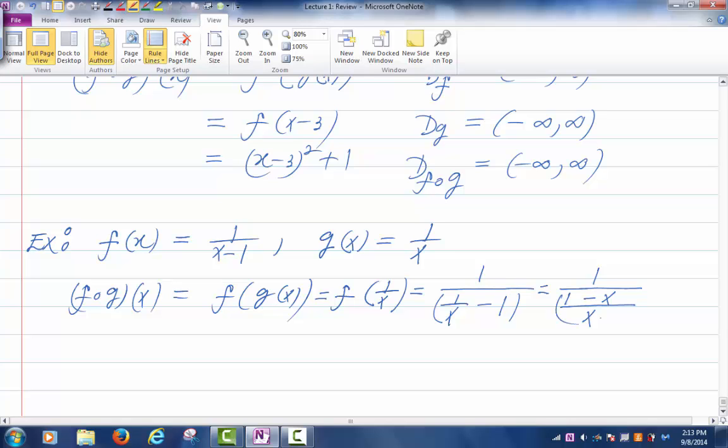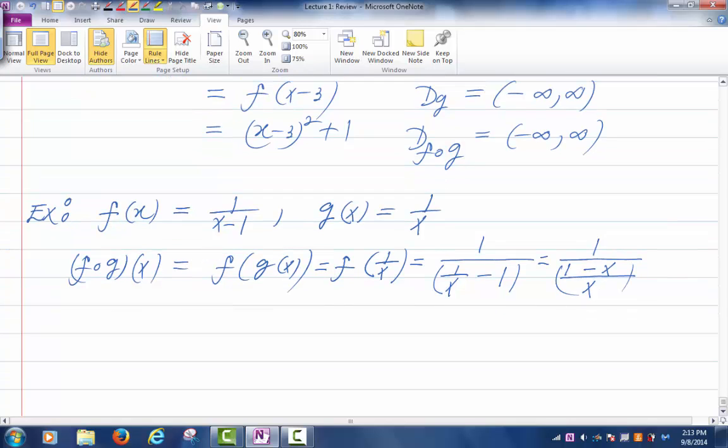You agree with that? And so finally, I could say that f circle g evaluated at x is x divided by 1 minus x. Is that okay?